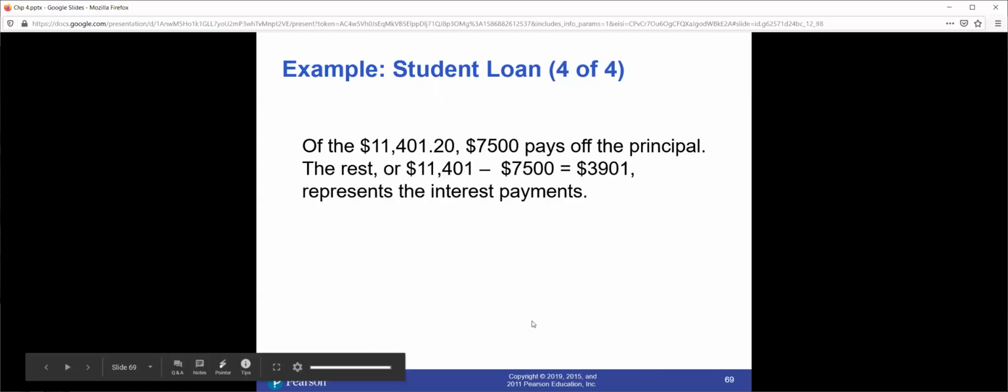Meaning your $7,500 loan that you took out is paid back with $11,401.20. Or another way to phrase that, you pulled out $7,500 and then you paid the loan company almost $4,000 for the privilege of paying them back their $7,500.